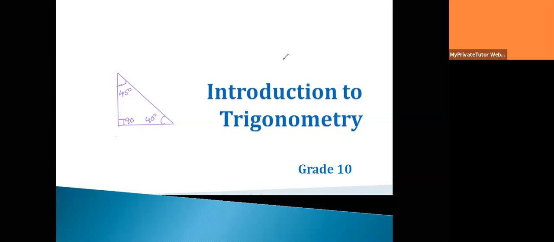That's about the angles of a right angle triangle or any triangle. All three angles add up to 180 degrees. And I hope you guys know how it works with sides, right? If all three sides are equal, it becomes an equilateral triangle. If all three are different, it becomes a scalene.